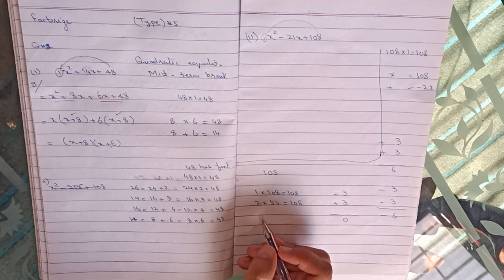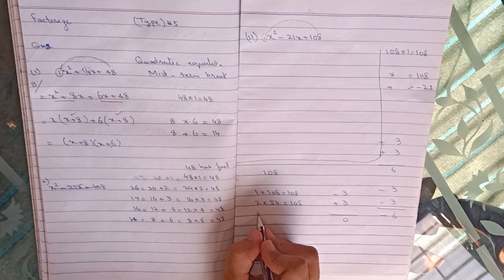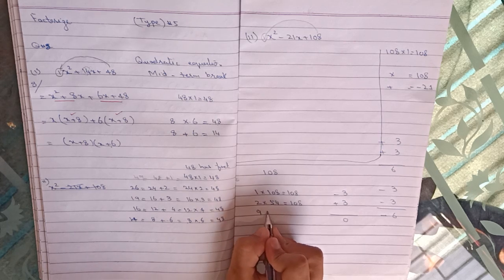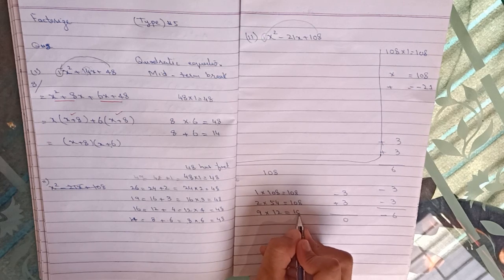You may use a calculator. 108 is not divisible by 4, nor 5, 6, 7, 8. It is divisible by 9. 9 multiplied by 12 equals 108.